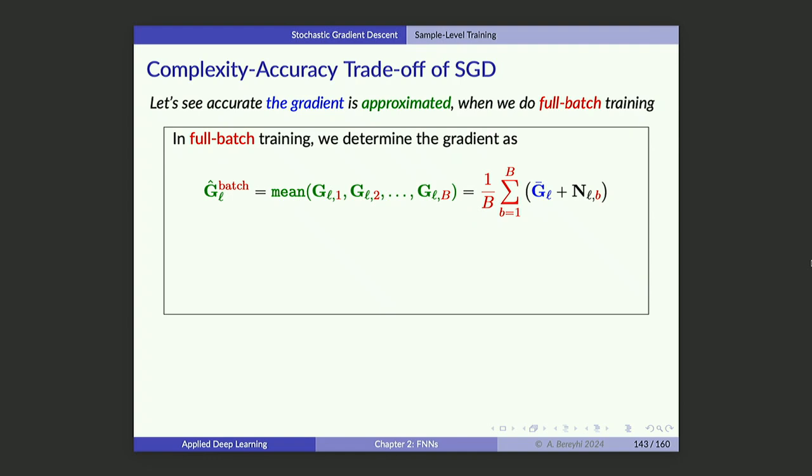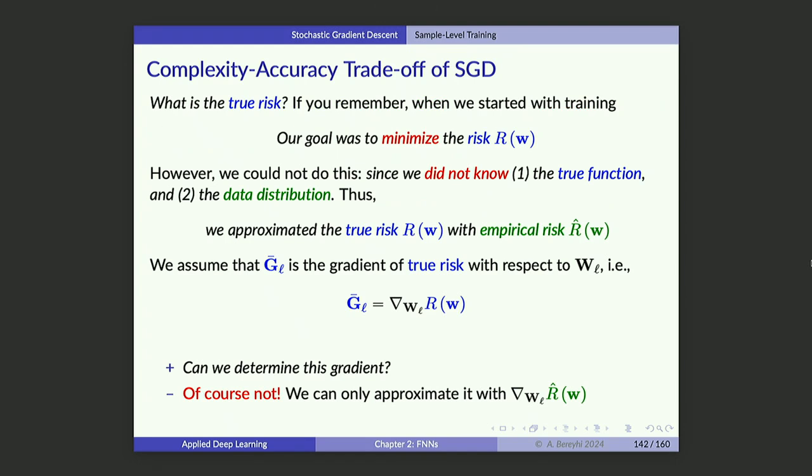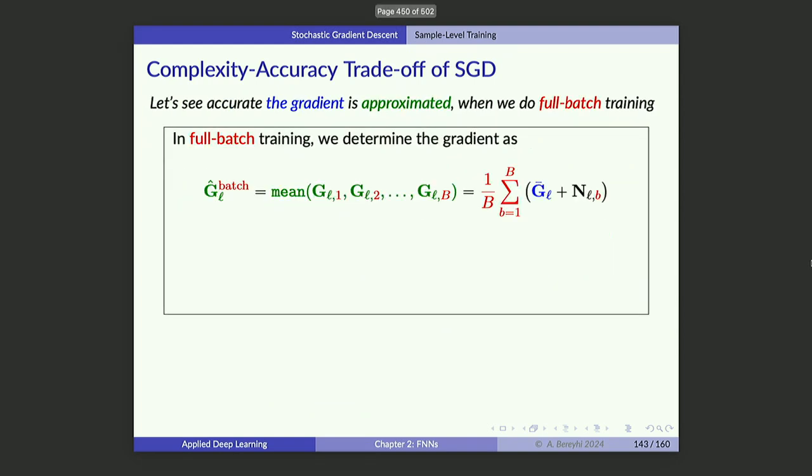So the gradient of this R hat, the green one, which is the estimator of the gradient of the blue one I don't have access to, is, based on the algorithm we developed, the arithmetic average of all of those forward-backward passes, right? Which is the average of G1 to GB, right?